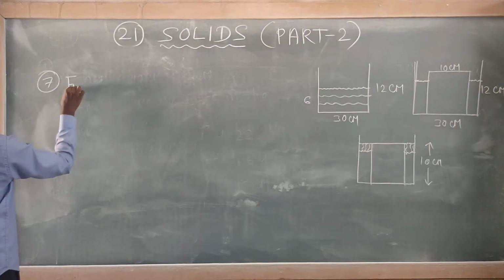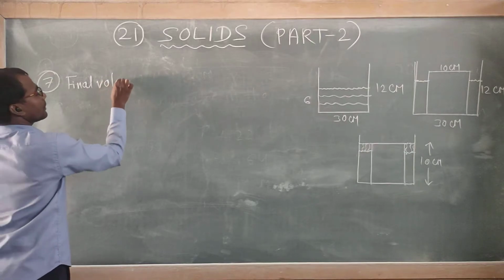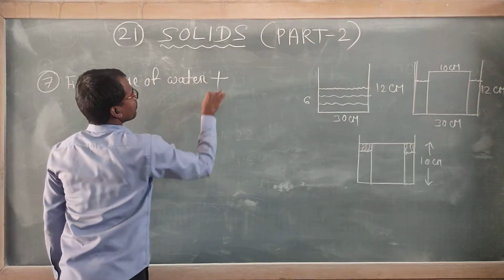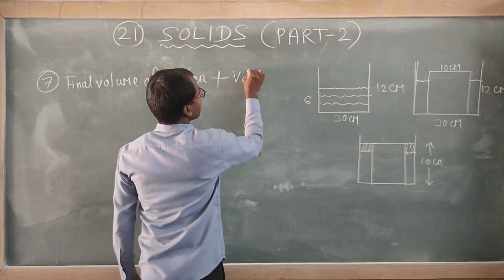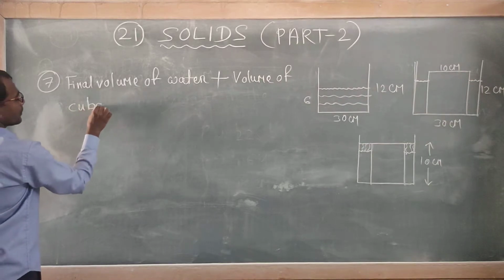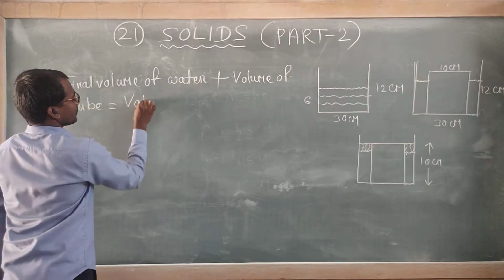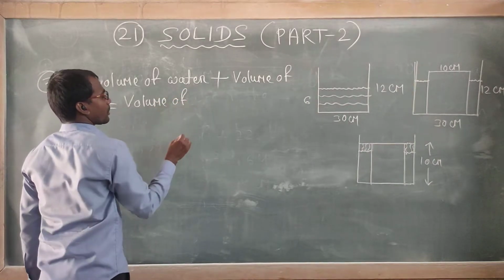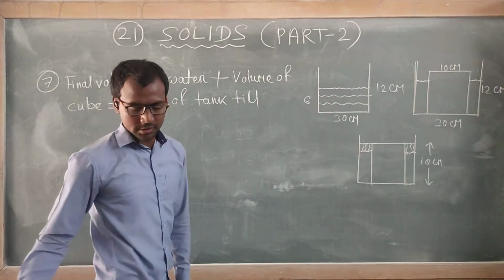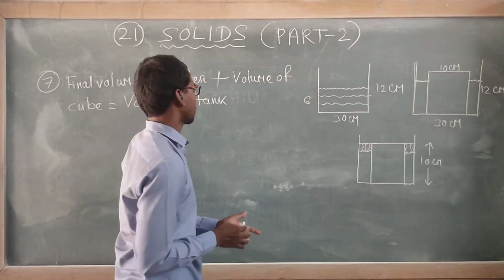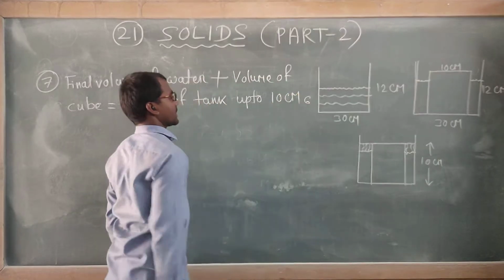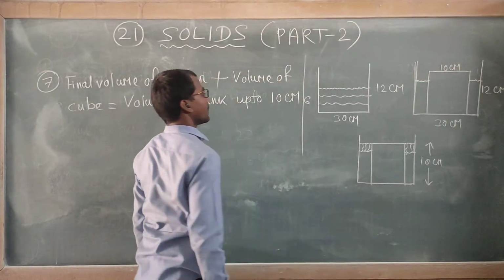So final volume of water plus volume of cube is equal to volume of tank up to 10 cm, not 12 cm. Okay, 10 cm.